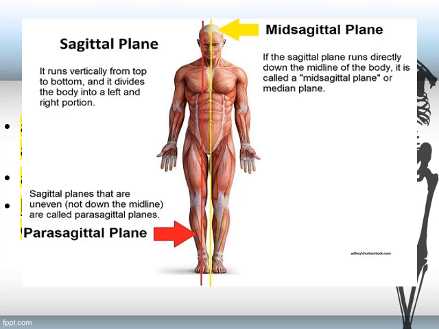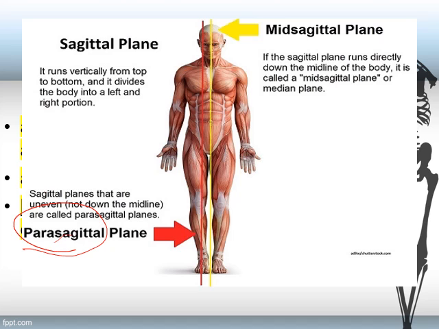So, here we have the red portion. As you can see, the red portion is called the sagittal plane. It divides the body into right and left. Technically or specifically, this is what we call the parasagittal plane.